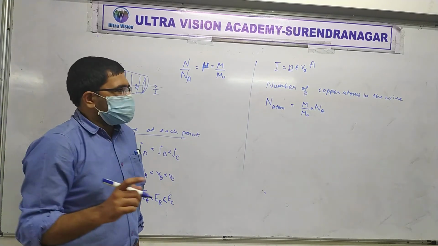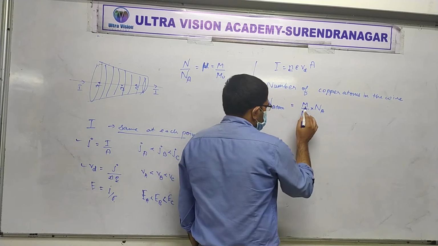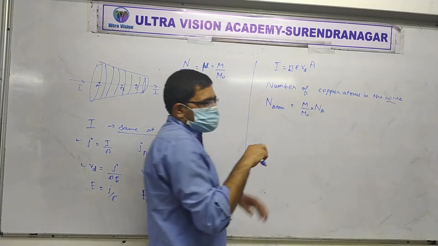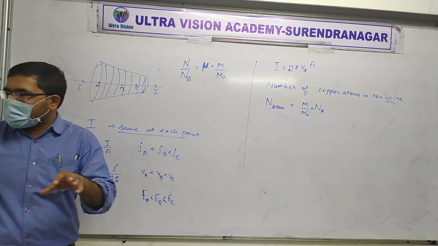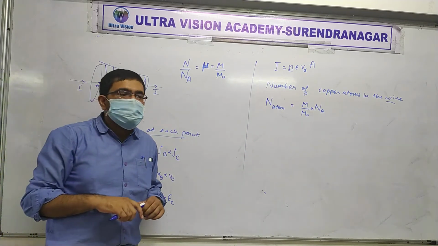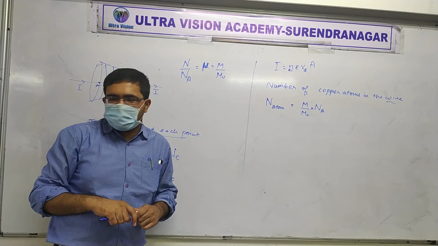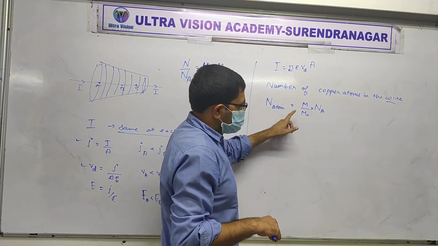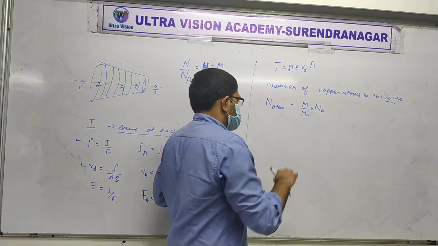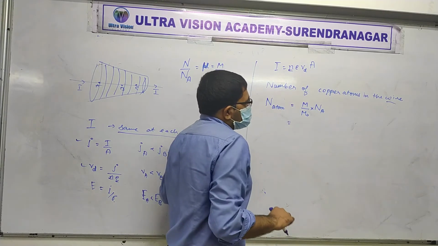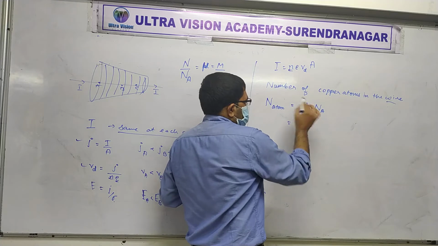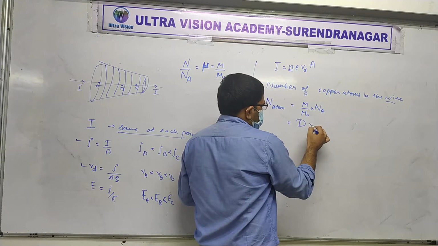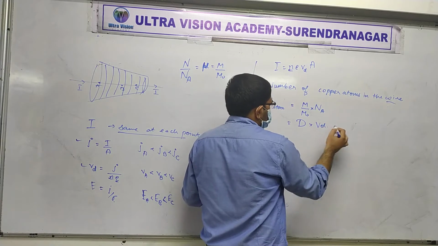Sure. Okay. But there is a little bit of problem. We don't know what's the mass of that wire. Capital M means the mass of the whole thing, right? M0 means molar mass. Okay, so we don't know M. Avogadro number we know, M0 we know, of course. We'll get it from the value given in the question. So what shall we do? Instead of capital M, I can write density D into volume.